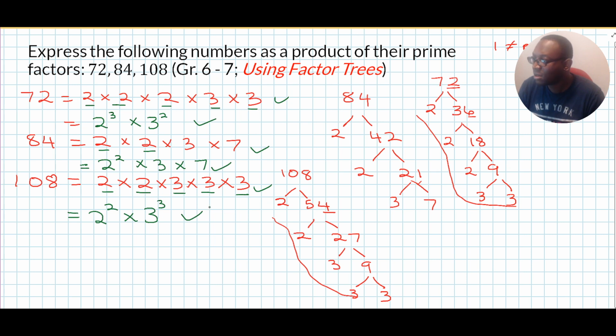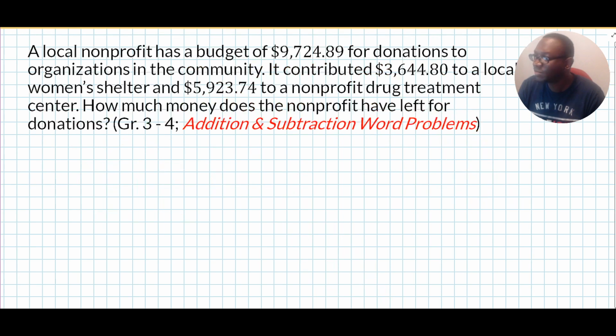Okay, so the next thing we're going to do, let's try the next question. This is for 3rd and 4th graders. A local nonprofit has a budget of $9,724.89 for donations to organizations in the community.